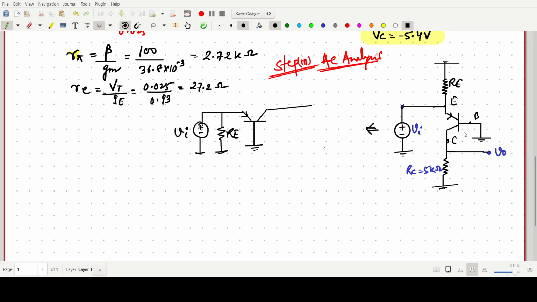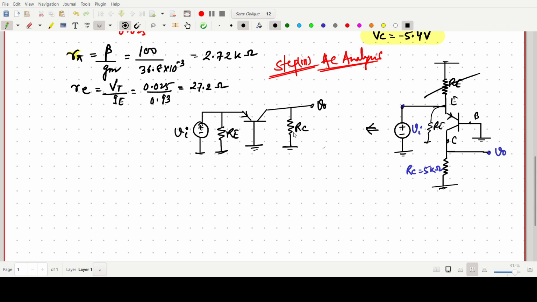This one is the collector side, so from this collector side some resistance is there, RC. The same thing we have redrawn like this. To this emitter side we are giving some voltage, and this will be RE. If you remove this one and this one, then it will come like that.